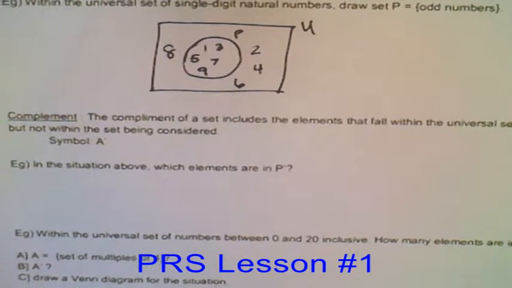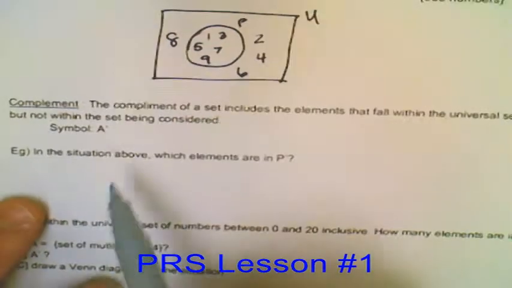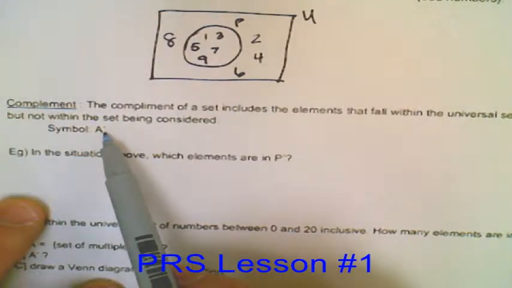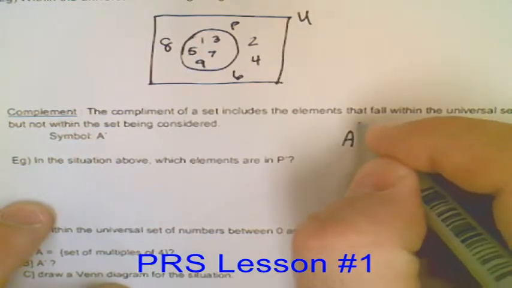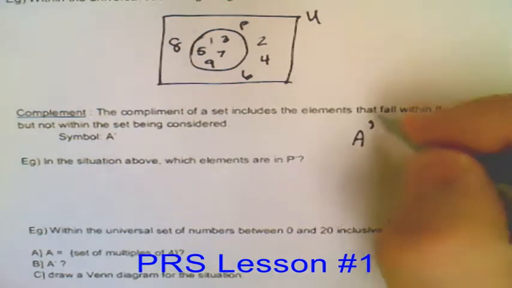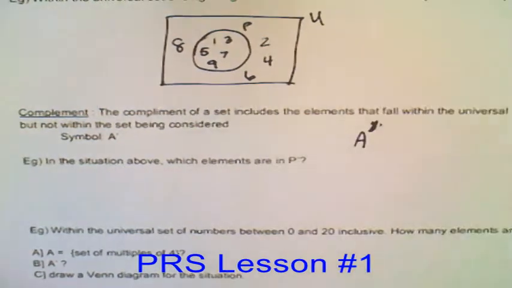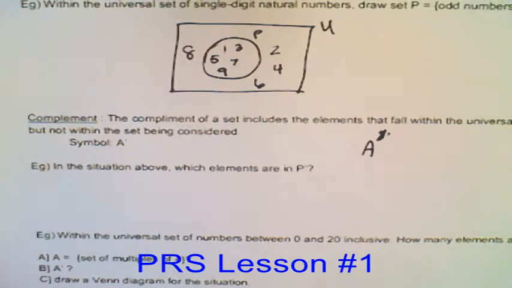Now, when we continue on with this, we've got the complement of sets. The complement of a set includes the elements that fall within the universal set, but outside of this set. The symbol has this little prime symbol. I'm not sure how well it shows up on the camera, but it is basically like an apostrophe, a little tick, a little slash, whatever you want to call it: primed.